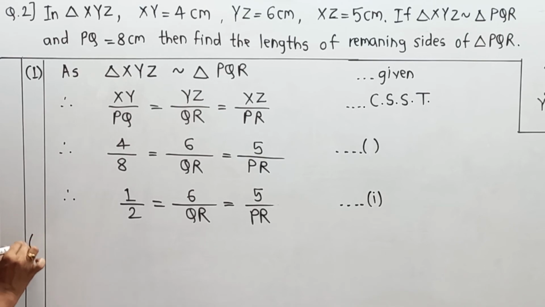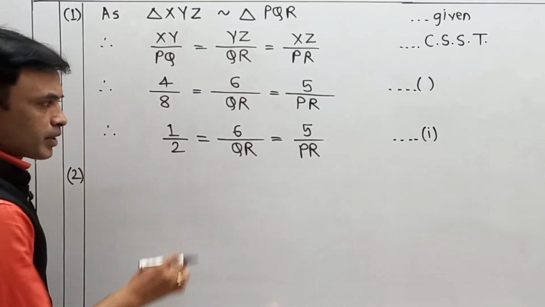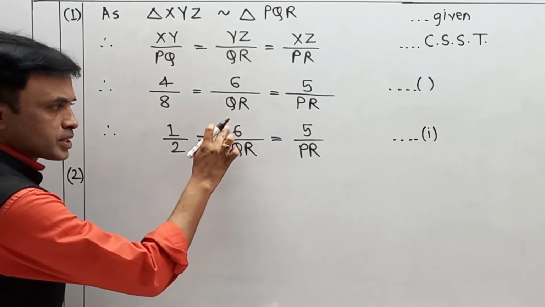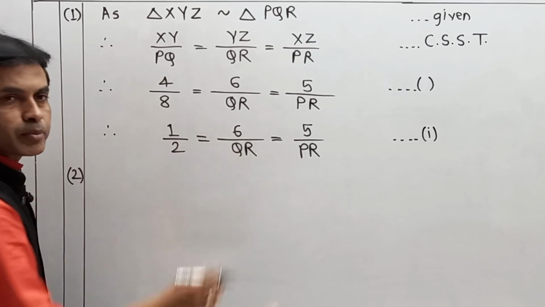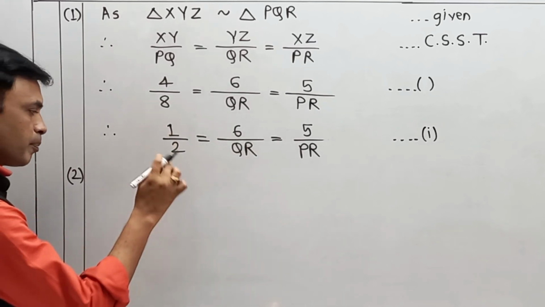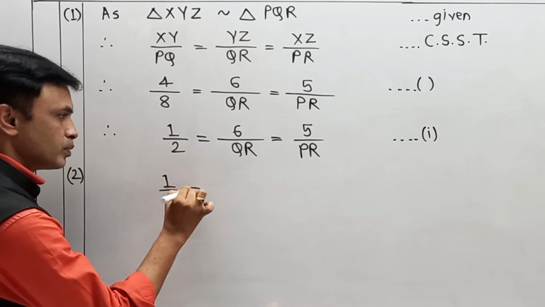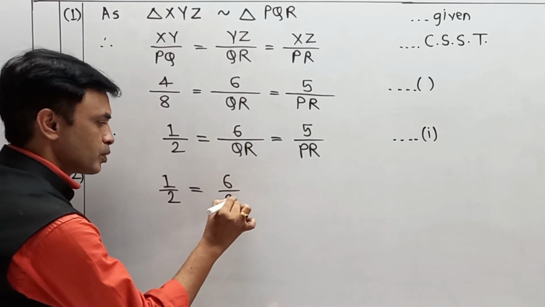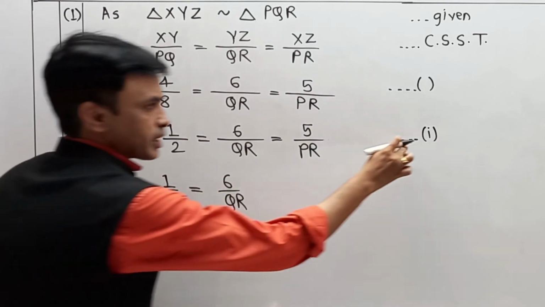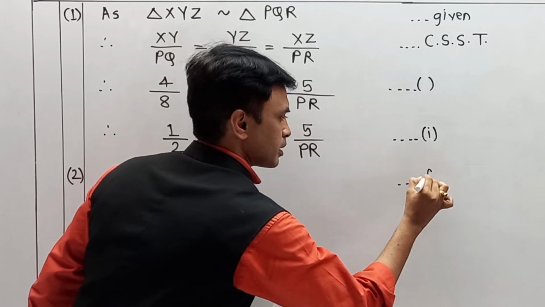Now part 2. One by one, I am going to compare 1 upon 2 is equal to 6 upon QR to find QR. So 1 upon 2 is equal to 6 upon QR. This reference we have taken from equation 1.